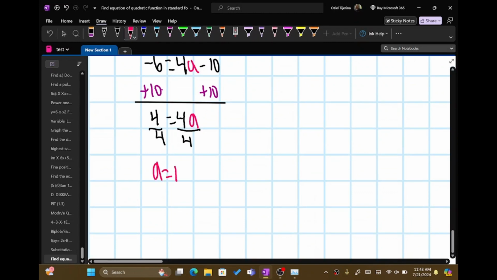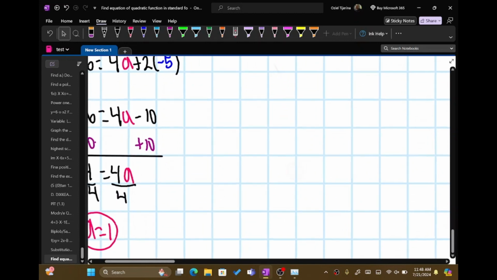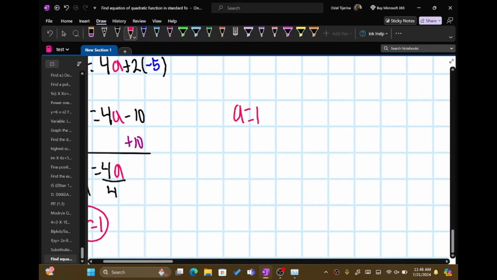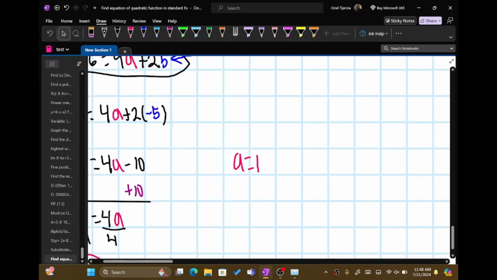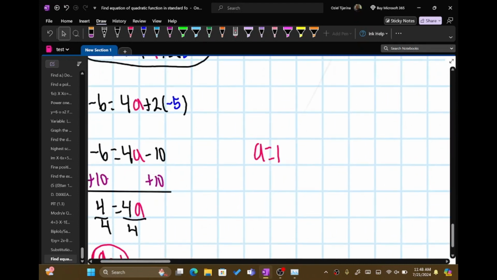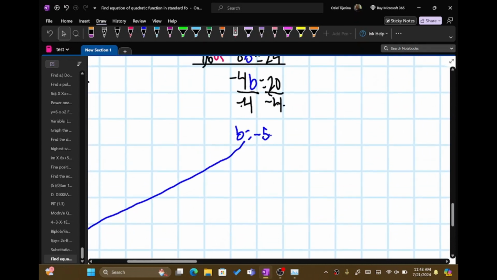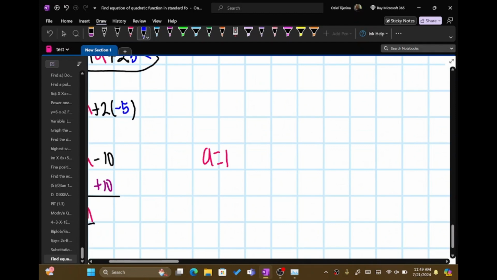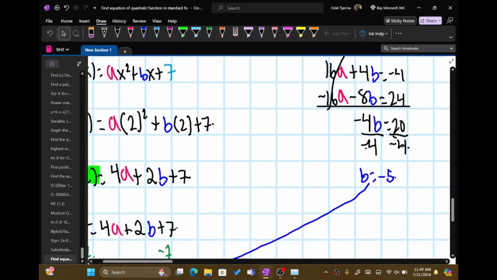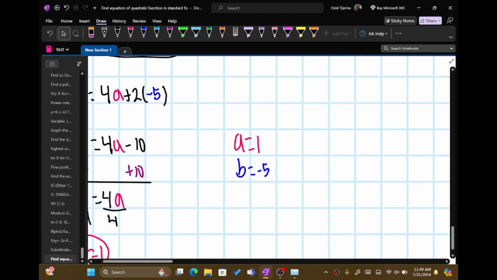And now we have a, b, and c. So a is equal to 1, b is equal to negative 5. C is equal to 7, right? Because they gave it to us.